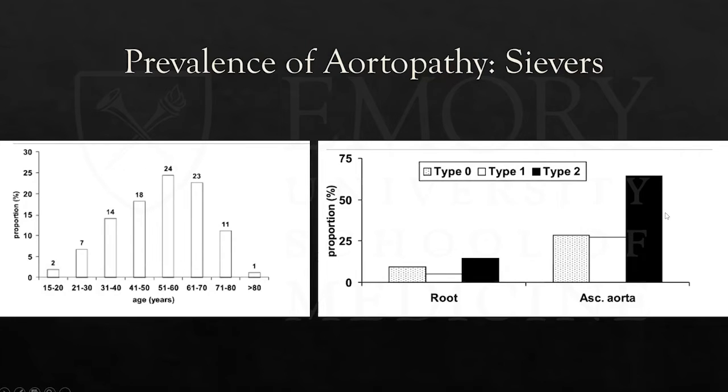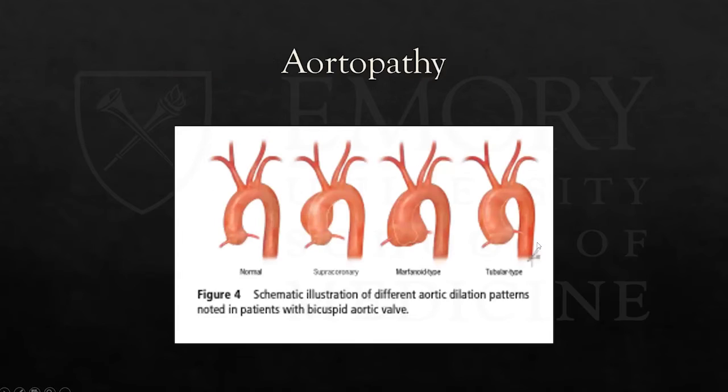And again, these type 2 Sievers bicuspid valves oftentimes will have root dilatation and ascending aortic dilatation. So type 2, a bad player when it comes to aortopathy, but a decent amount of patients, even with type 0 and type 1, had 25%, 1 in 4, ascending aortic pathology as well.